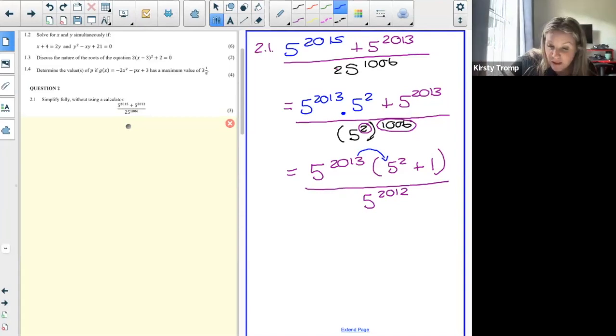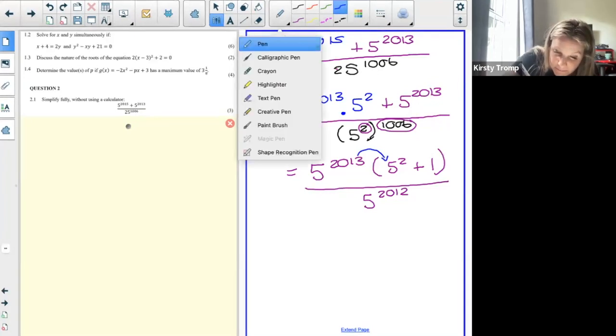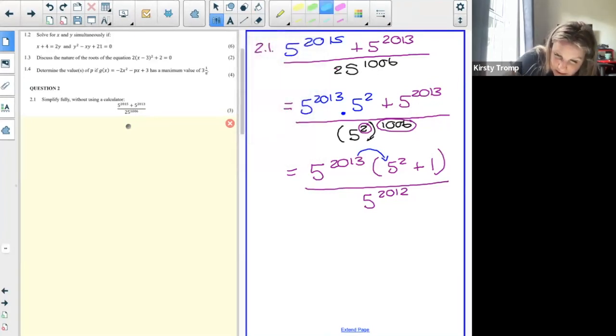And 5 to the power of 2013 times by 1 would give me 5 to the power of 2013. So where does the 1 come from? The 1 comes from here. I hope that makes sense, Puleng. I took it out as a common factor. No problem, of course.